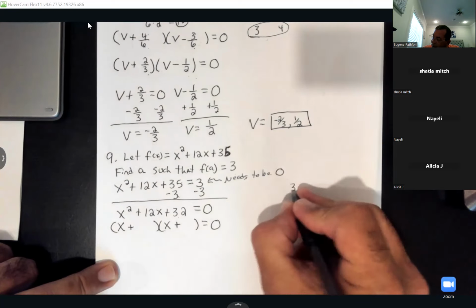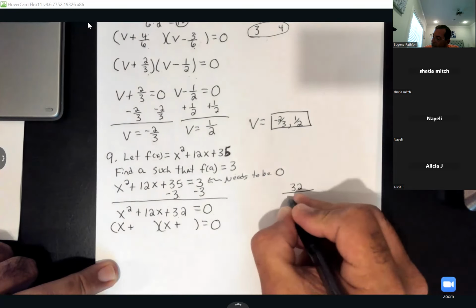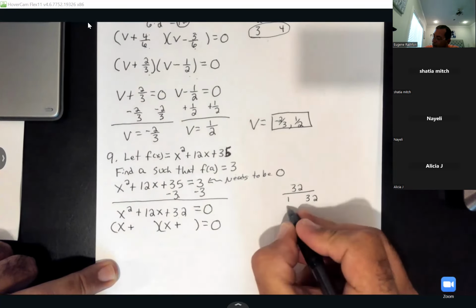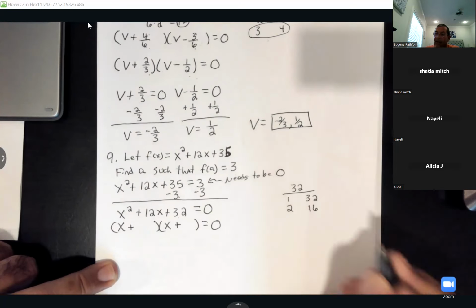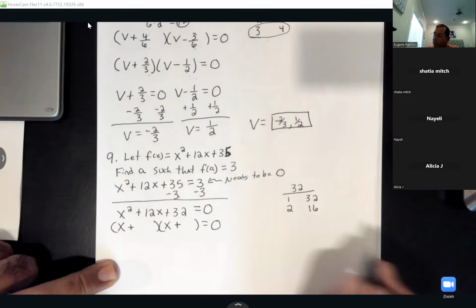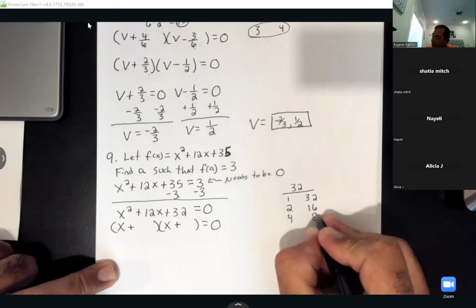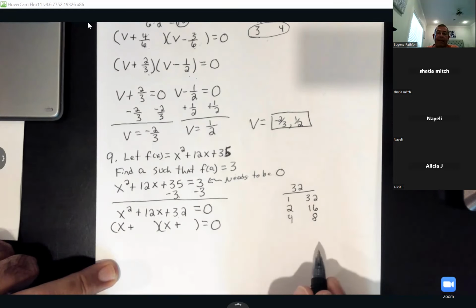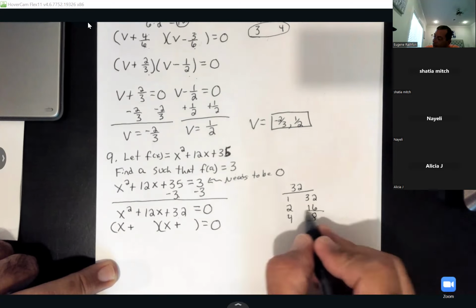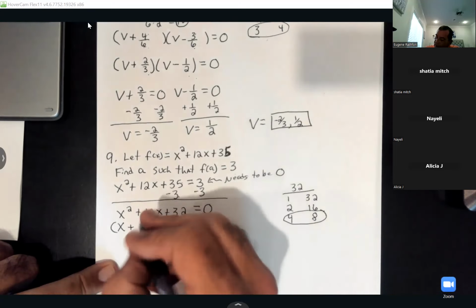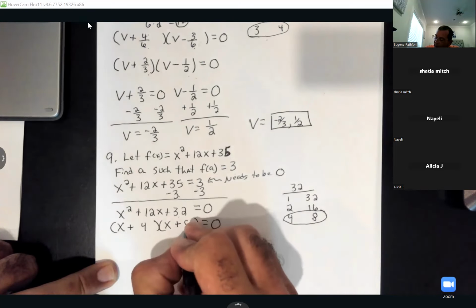So y'all, let's play with that 32. That'll be 1 and 32, 2 and 16. 3 don't go. 4 and 8, and that's it. But the ones that I had to get 12 are 4 and 8. So put in the 4 and the 8.